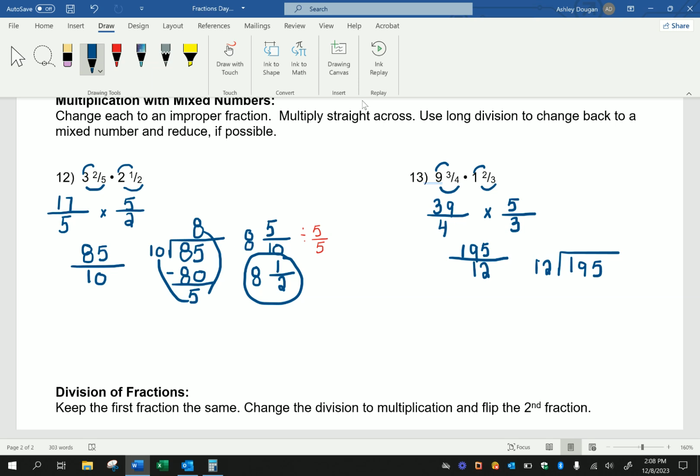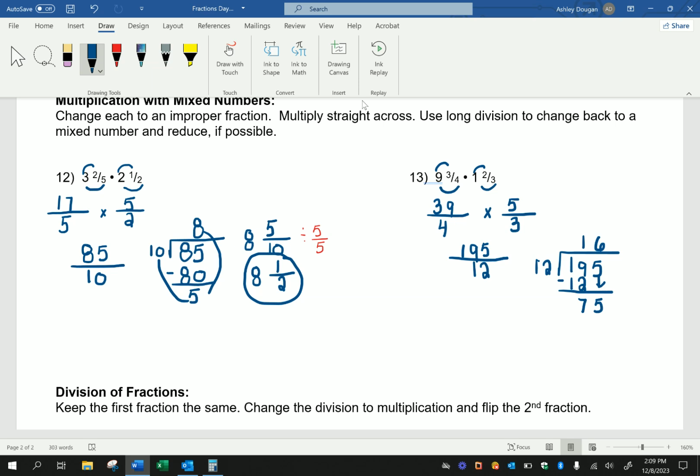So I'm looking at how many times will 12 go into 19. 12 will go into 19 one time. And 19 minus 12 gives me 7. But I still have another number to bring down. I need to bring this 5 down, and that makes that 75. And now I'm looking at, okay, well, how many times will 12 go into 75? 12 can go into 75 6 times.